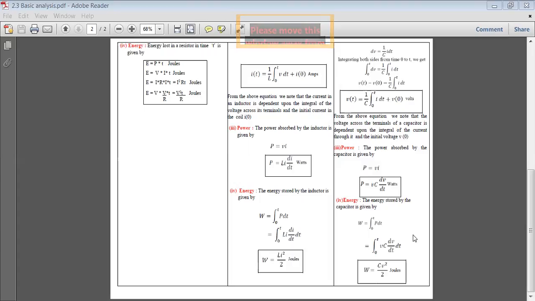So V of t is equal to 1 by C integral 0 to t I of t dt plus the initial voltage. From the above equation, we know that the voltage across the terminals of the capacitance depends upon the integral of the current through it and the initial voltage V of 0.